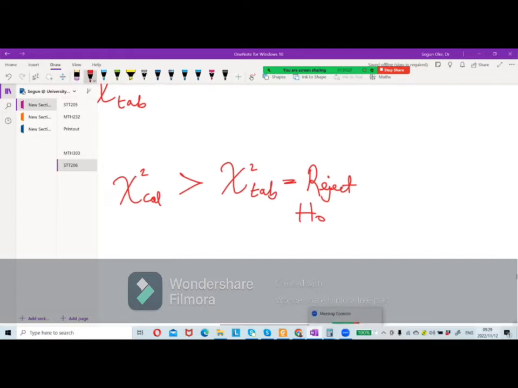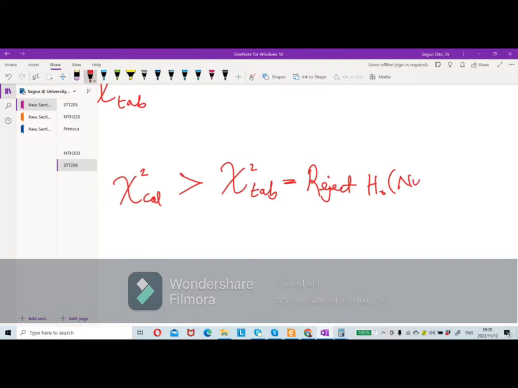Reject H naught, which is the null hypothesis, and accept the alternative, HA, which is the alternative hypothesis.